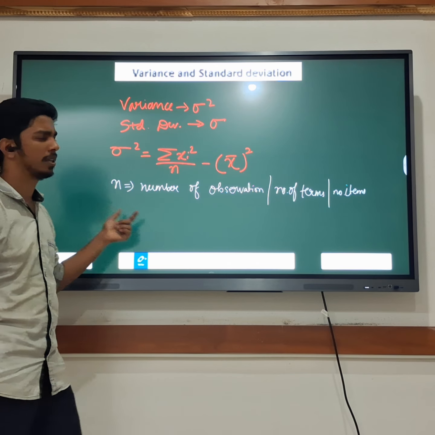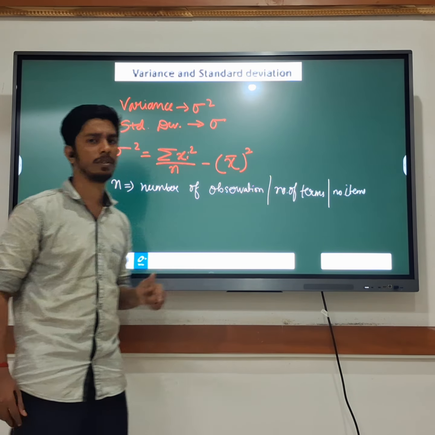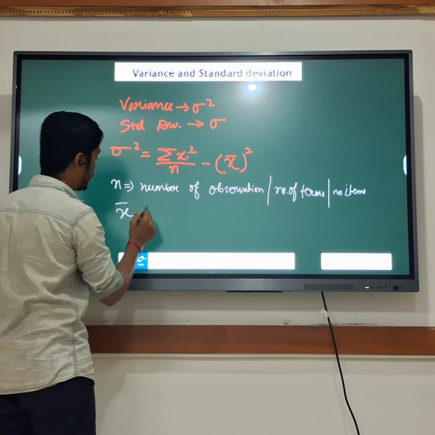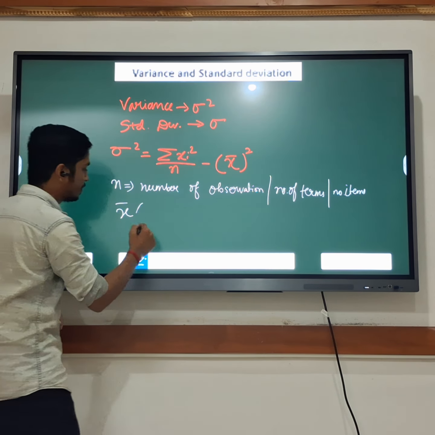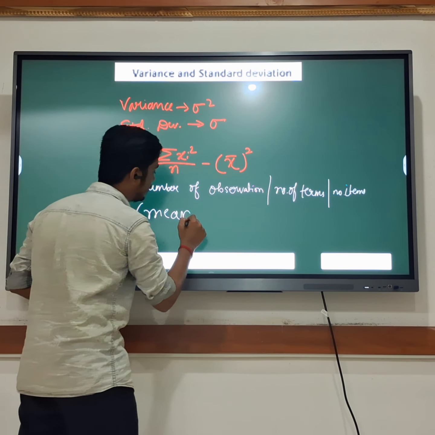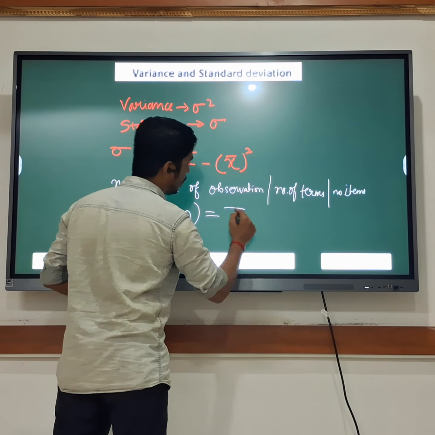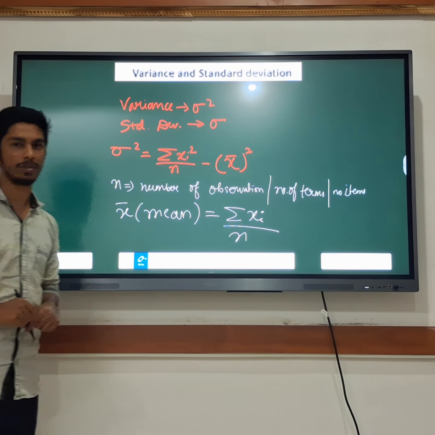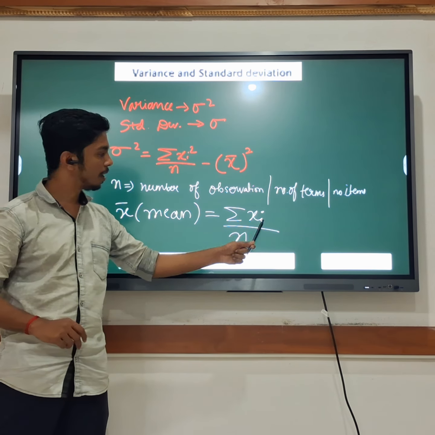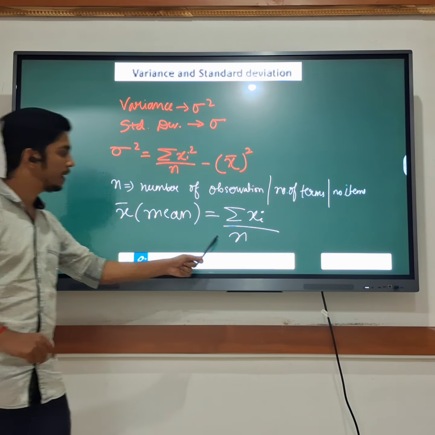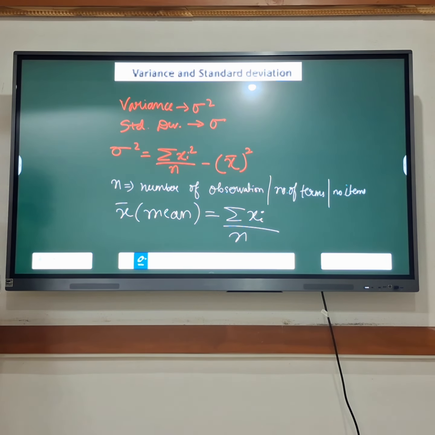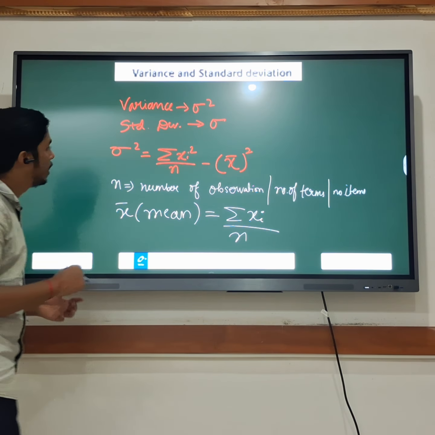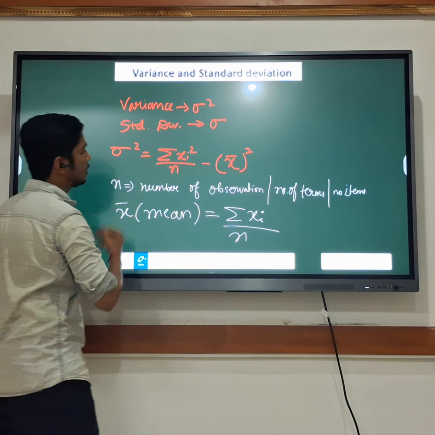Most of the cases they will ask number of terms. Next, x bar. What is x bar? It is the mean. The definition of mean is the sum of all observations divided by the total number of observations. Mean means sum of xi divided by n, and one more is sigma xi square.